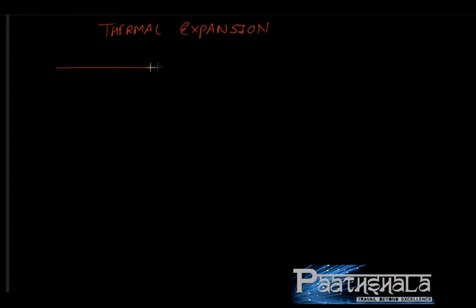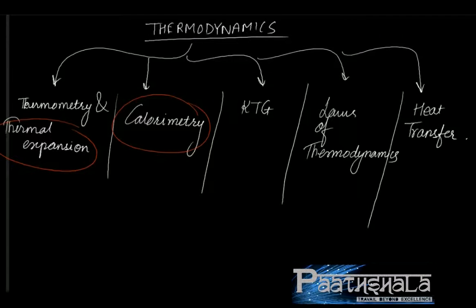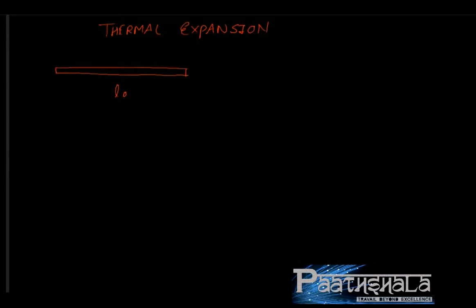Whenever we have a linear object of original length L naught, and if we heat it, if we supply heat to this rod, let us assume that this is a metal rod, then this rod will expand.